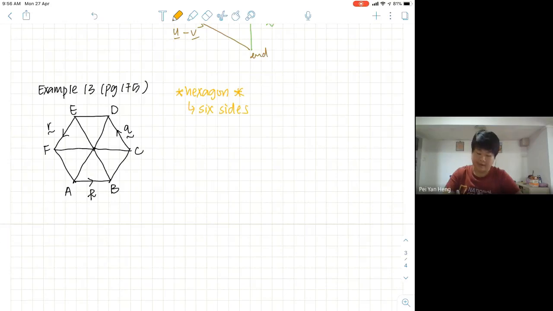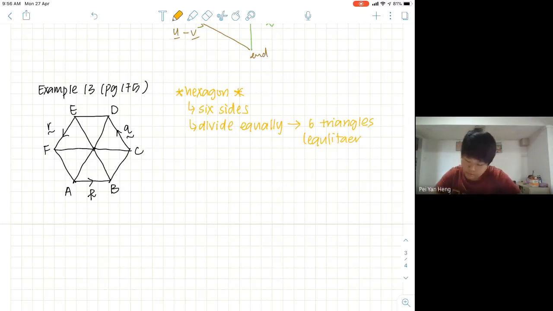So if you divide it equally, you will get 6 triangles. Now, these 6 triangles are not any other triangles. These are equilateral triangles. Do not spell it "equi".